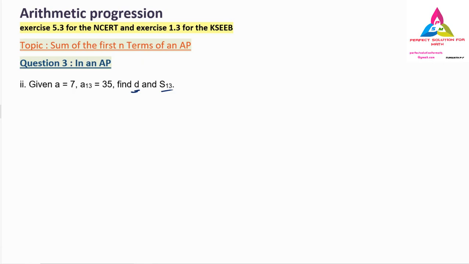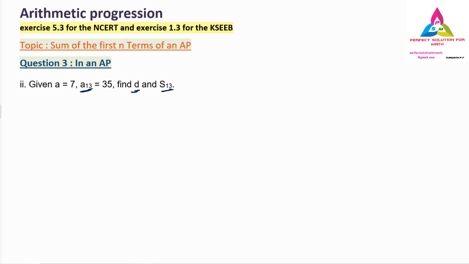They have given an, that is a13. a13 is the an value, so the n value is 13, because again they have told you to find S13 only. They have not said to find S10 or S20. So the n value is clearly visible: 13 is the n value. So apply that formula and find the d value and S13 also.